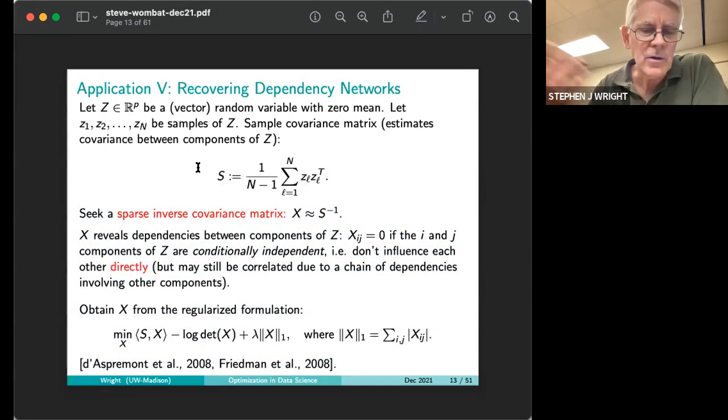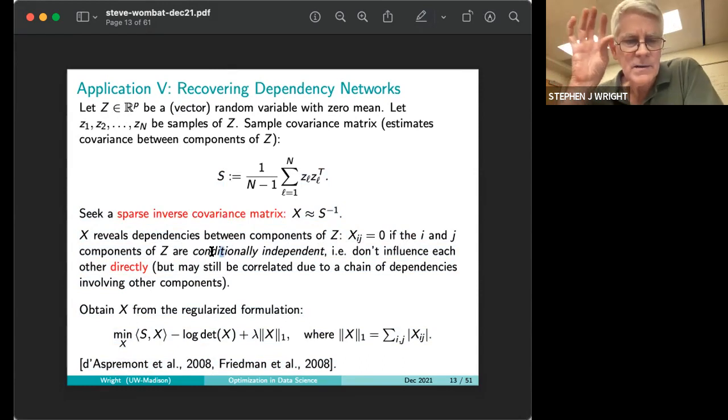And that will sort of show you the correlations or the covariances between different components of this random variable vector. So, okay, so what you're trying to do is to identify the components of Z that are conditionally independent.